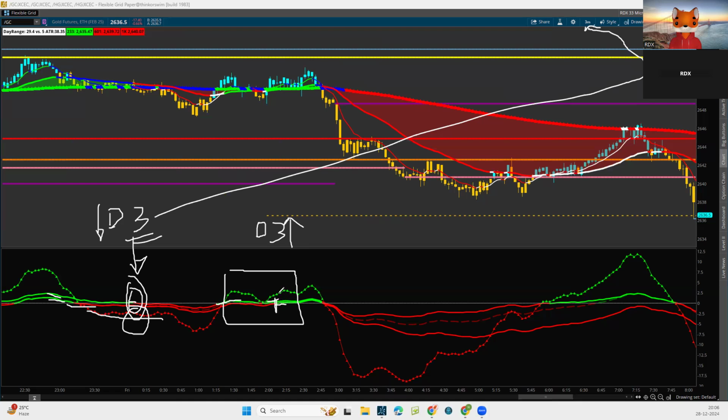So this place is a double 3, and the magic line was above. Same thing again here. You have both the waves going down and the magic line going down. So this is again a double 3, a double 3 down.